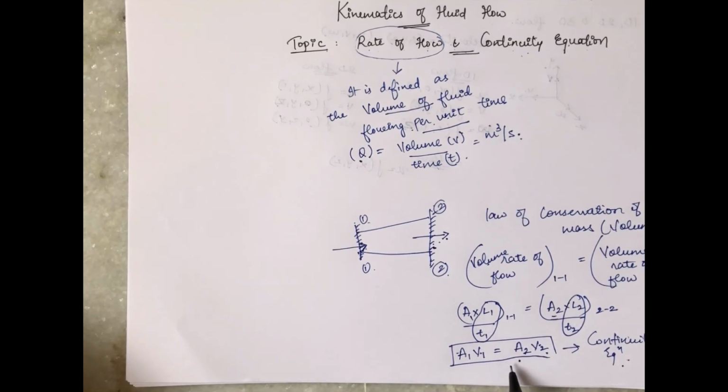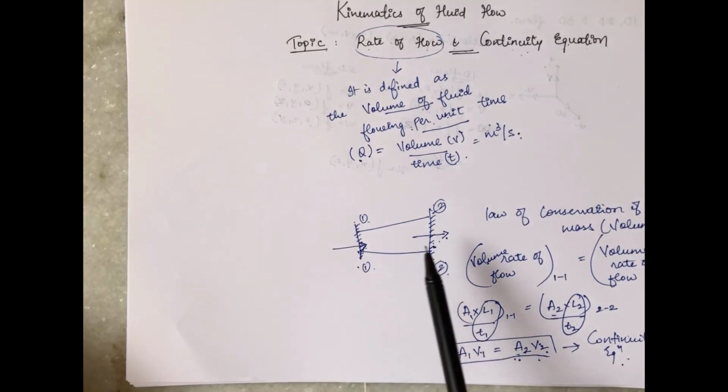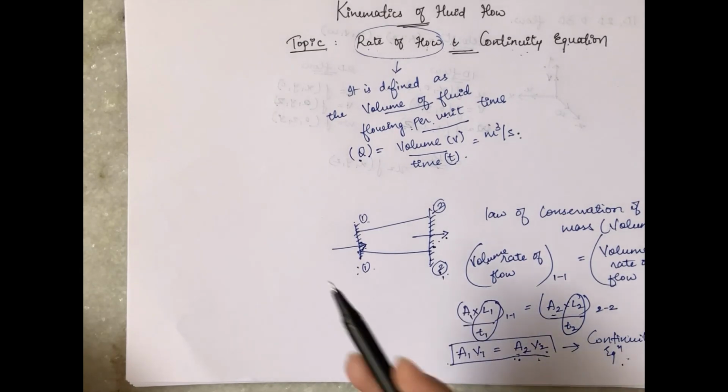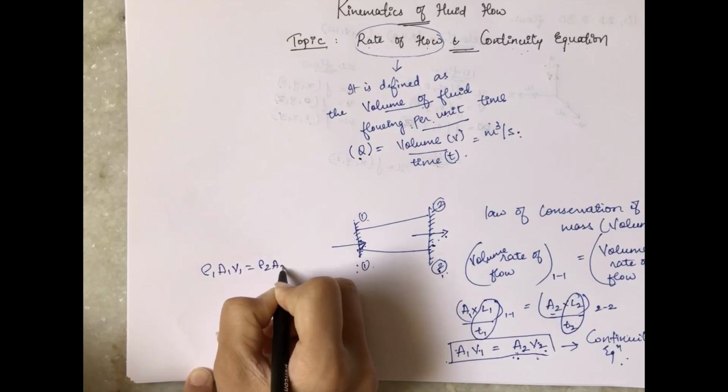Now I want to add something here. If the density of the fluid is constant, then the equation will appear like this, because density is constant at both sections. But if the density of the fluid at section 1 and at section 2 changes, which is possible if two different fluids are present, then the equation will become rho 1 A1 V1 is equal to rho 2 A2 V2.